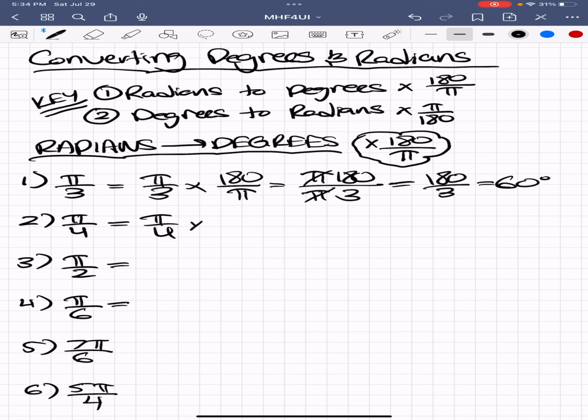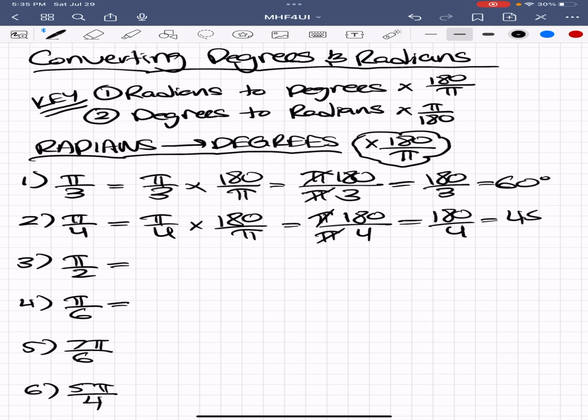We have pi over 4 multiplied by our conversion factor. Again, pi is common on the top and the bottom, and then we're left with 180 divided by 4, which is 45 degrees.